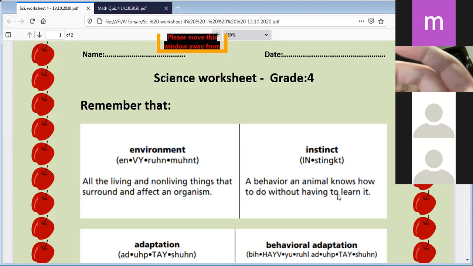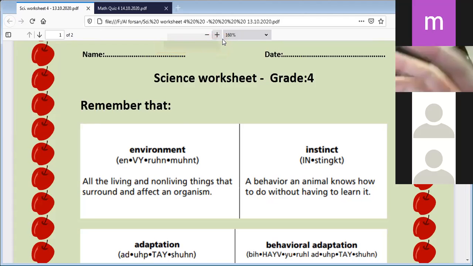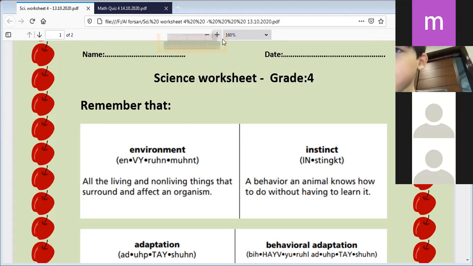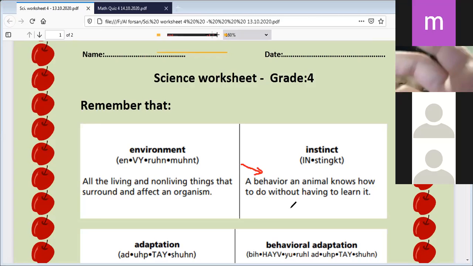Instinct is like when an animal dies and it never comes back. No, no, no. Can you read this one? A behavior an animal knows how to do without having to learn it.